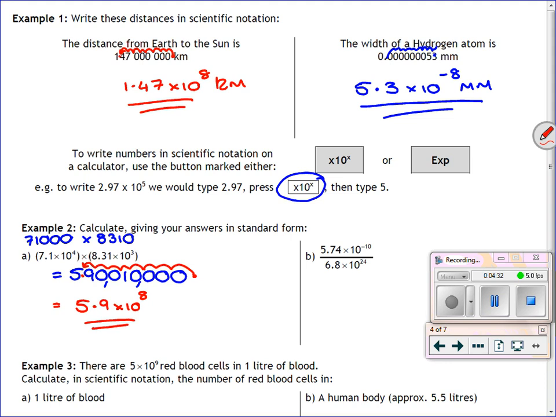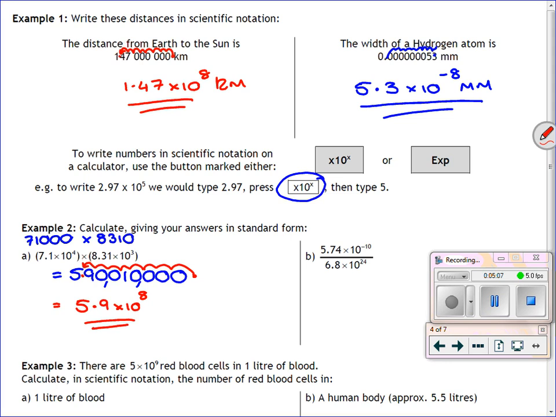Think about it: if you had 590 million pounds, do you really think you would miss 10,000 pounds out of that? No, you wouldn't. So it's not as significant, and that comes back to the idea of significant figures. So I'm confident to just leave that as 5.9 times 10 to the power of 8. As a rule of thumb, round it to one decimal place unless you're told otherwise.